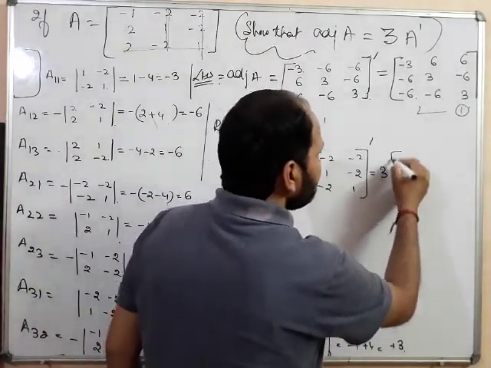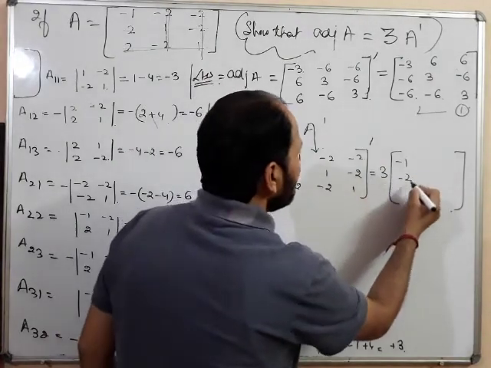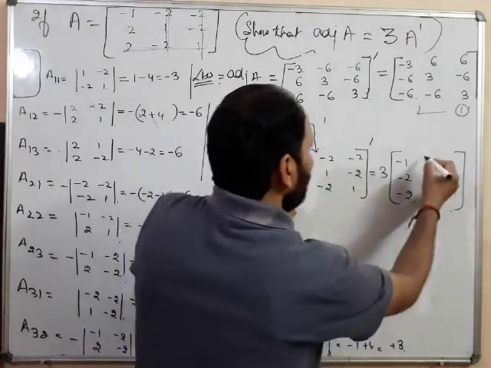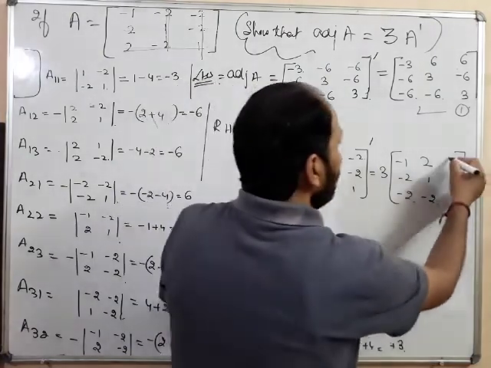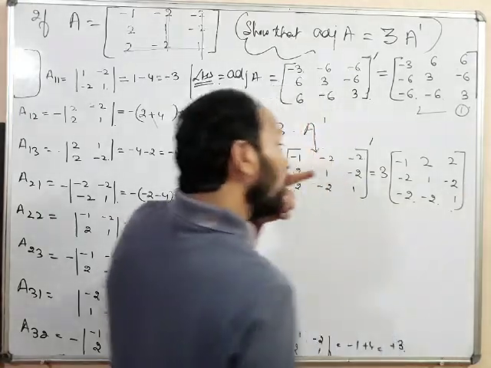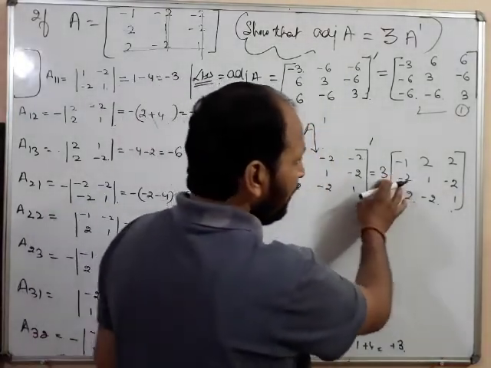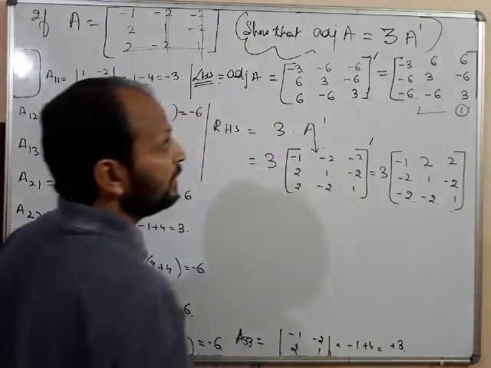Transpose will be minus 1, minus 2, minus 2, 2, 1, minus 2, 2, minus 2 and 1. Multiply 3 with every element of this matrix. Clear?